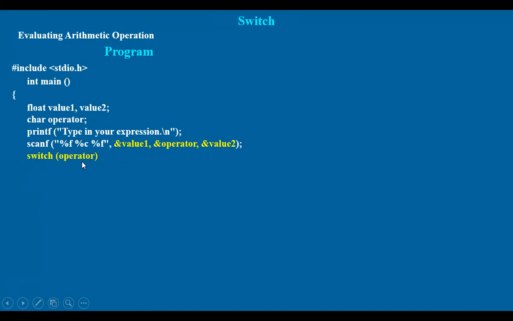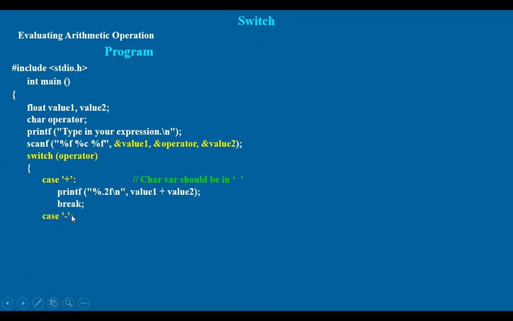Depending on the value of this operator, our statements are executed. Case plus: because it is a character operator, single quotes are used, and within these quotes plus is there. If this operator is plus, then perform this addition. Then break, come out of it.